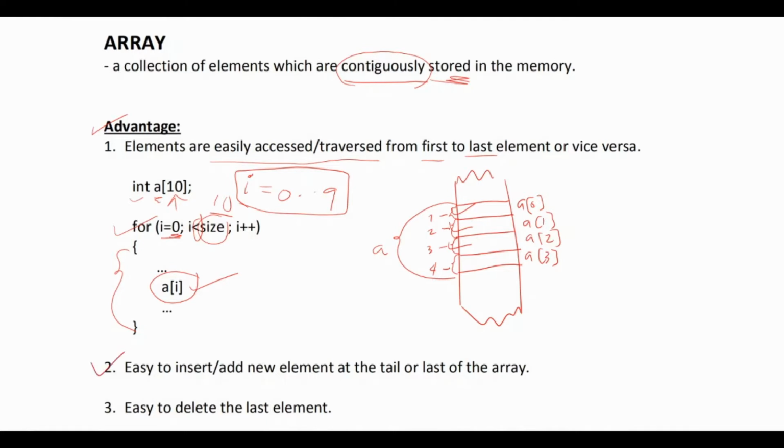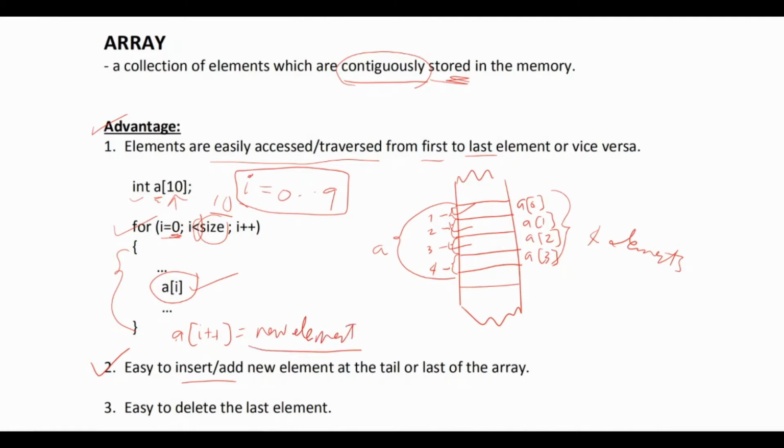The second advantage is that you could easily insert or add a new element at the tail or the last of the array. Say for example, currently there are 4 elements and you want to insert the 5th element at the end or at the tail, then you could just simply increment I and set whatever is the new element.